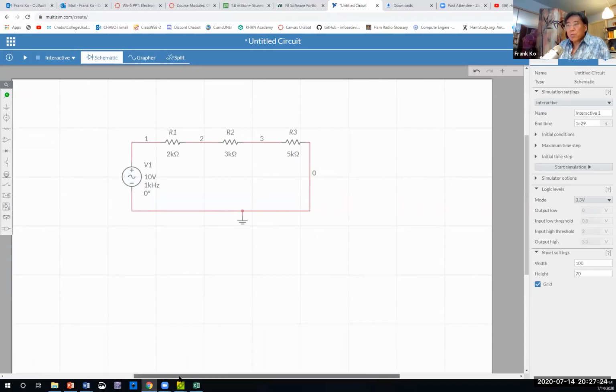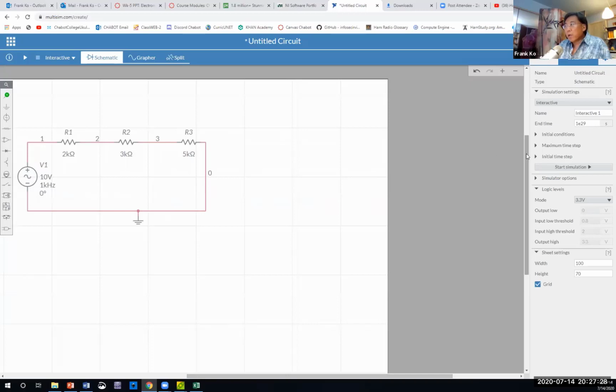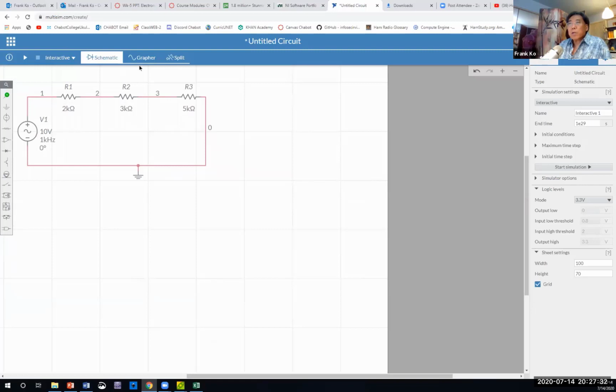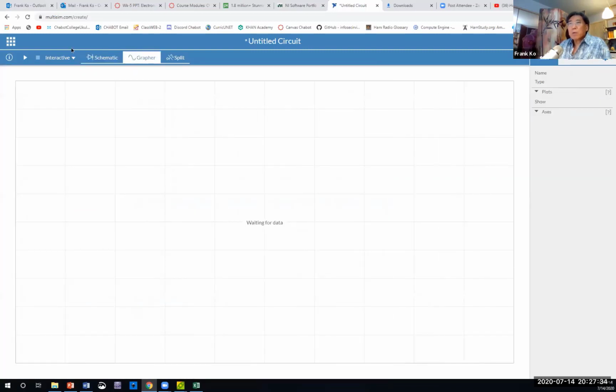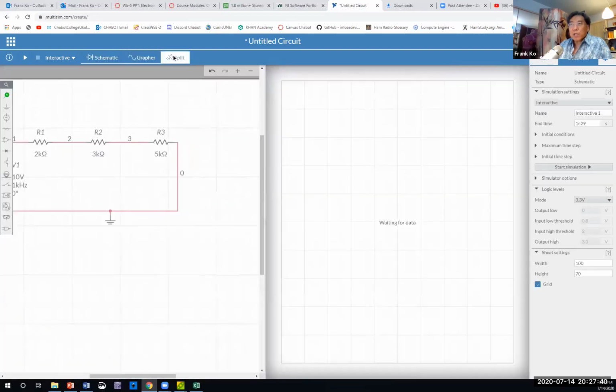I'm going to move this guy over here. I'm going to move this guy up here. And I'm going to hit grapher, waiting for data. Here's the schematic. I want to split.